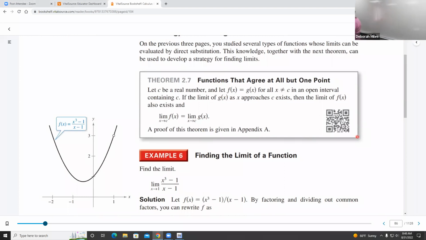So there's going to be a hole in the graph coming from that factor that you canceled out. But we know holes in the graph don't affect the limit. We can still just plug c into our simplified function. Can't plug c into f, then simplify f and plug c into g. So I think that's what happens on number 60, and that's where we'll stop.